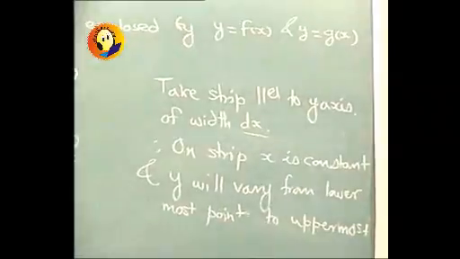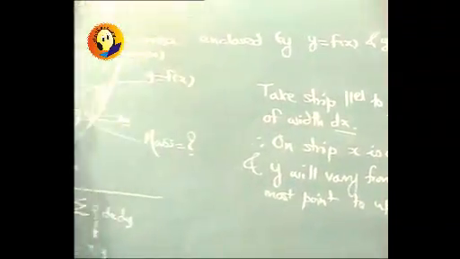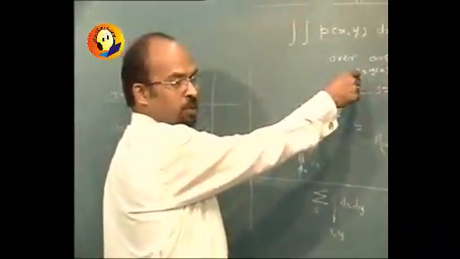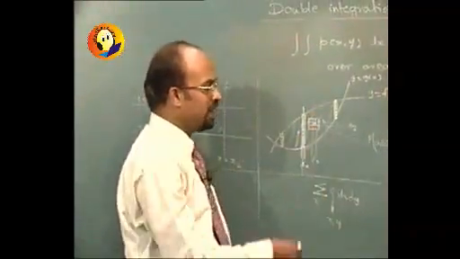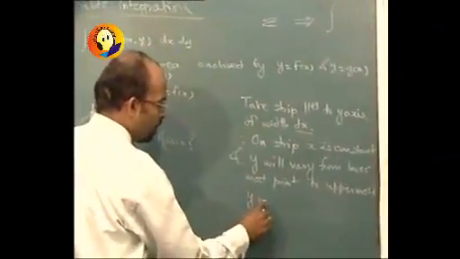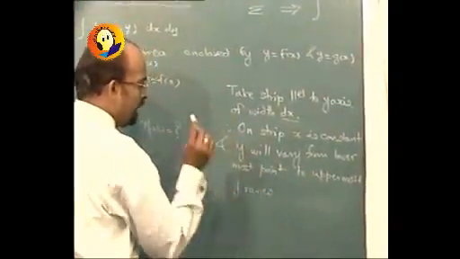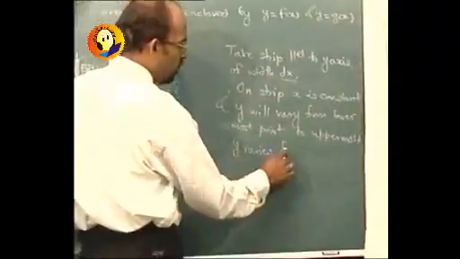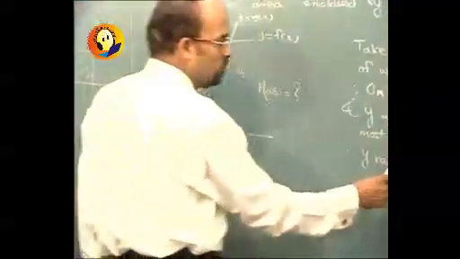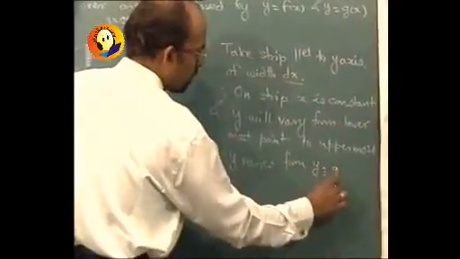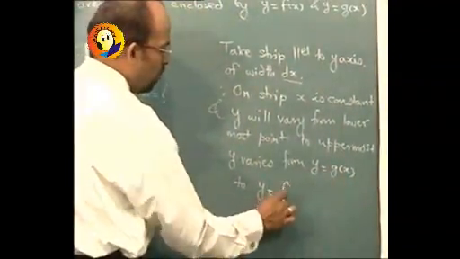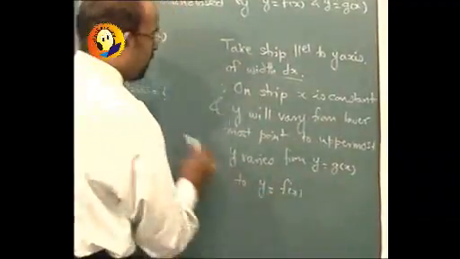But the lowermost and uppermost points for that particular x coordinate are functions of x, because you are looking for y coordinates. In this case y varies from y on the lowermost curve, which is y equal to g(x), to y equal to f(x), that is the upper curve.